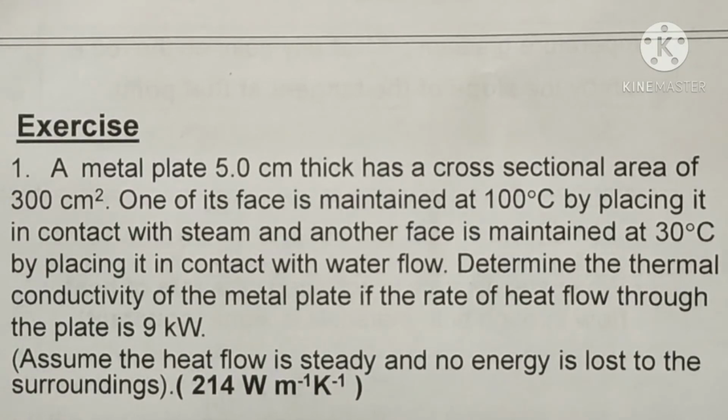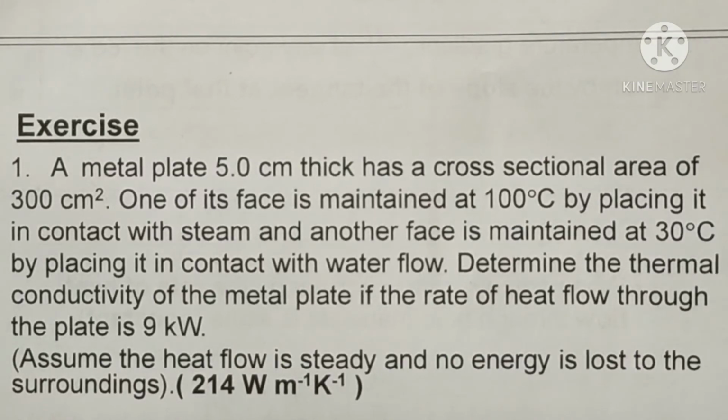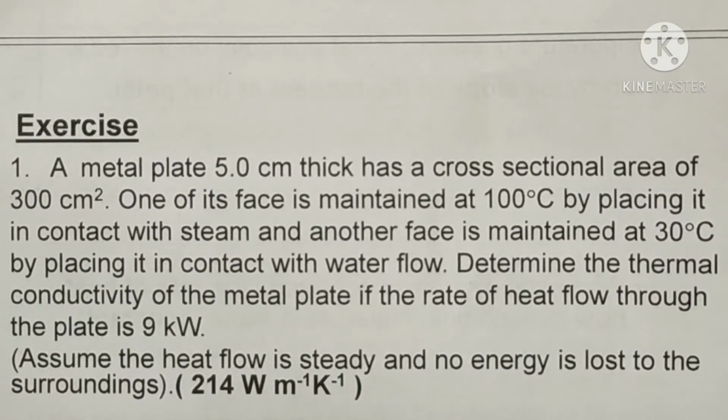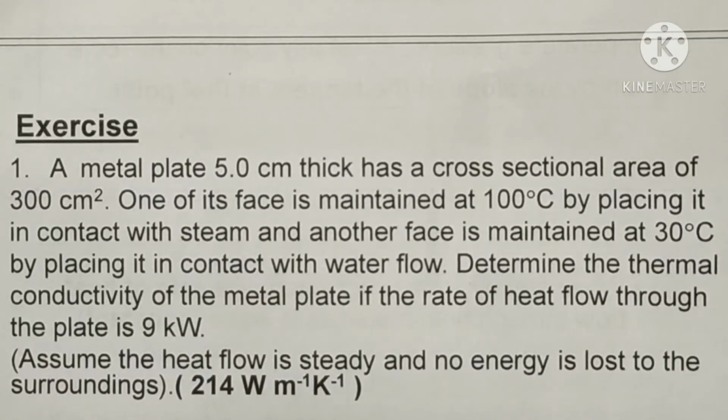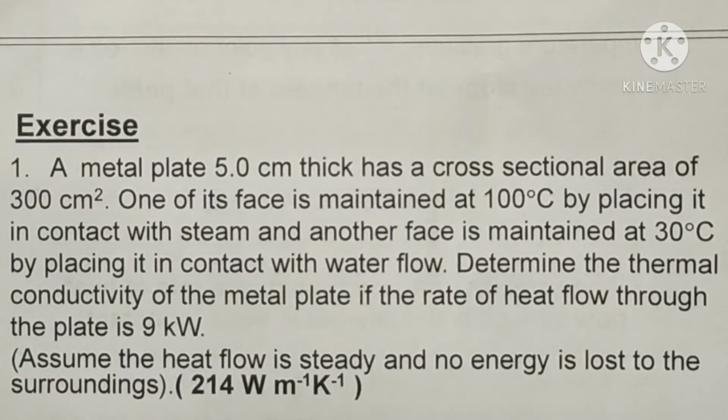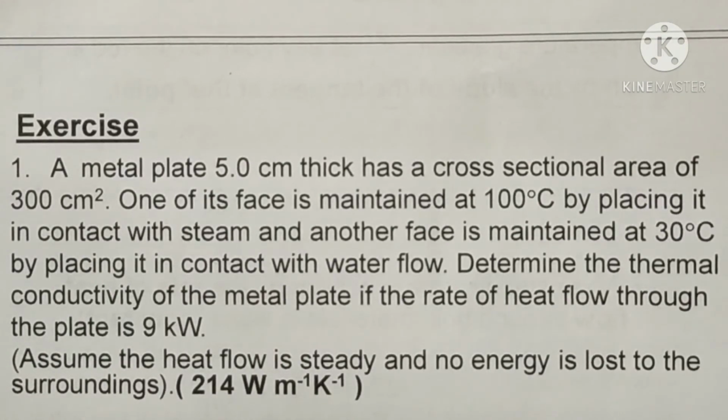Determine the thermal conductivity of the metal plate if the rate of heat flow through the plate is 9 kilowatt. By assuming the heat flow is steady and no energy is lost to the surroundings, the answer given is 214 watt per meter per Kelvin.